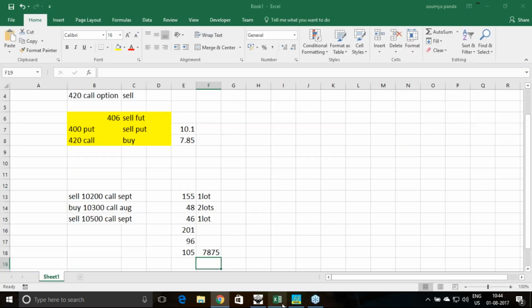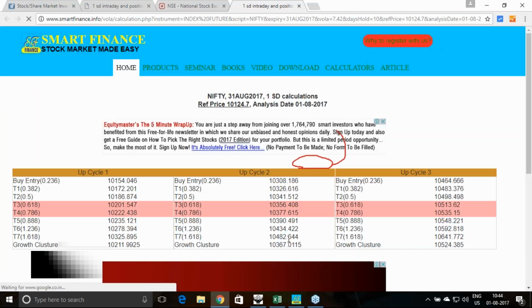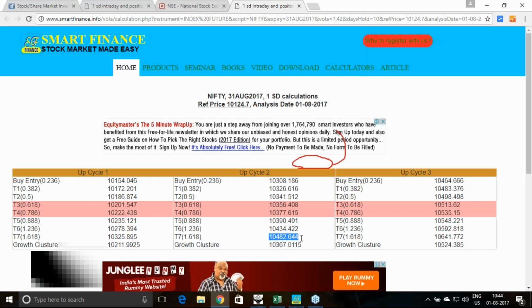Till what point? That is very important for me. Because I have just projected on the second cycle. If the second cycle gives a maturity, here my second cycle gives a maturity about 10,434. Or the second cycle gives a complete maturity above 10,482.